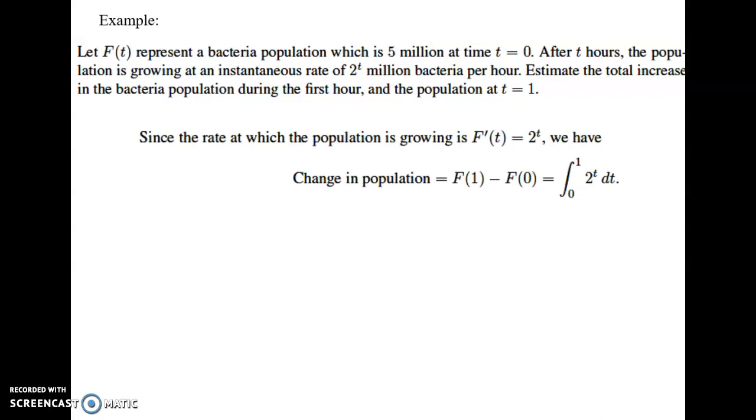Since the rate at which the population is growing is the derivative, it is the derivative of capital F that we're given. The change in the population is going to be f at 1 minus f of 0, which, by using the fundamental theorem of calculus backwards, would be the integral from 0 to 1 of the derivative function.